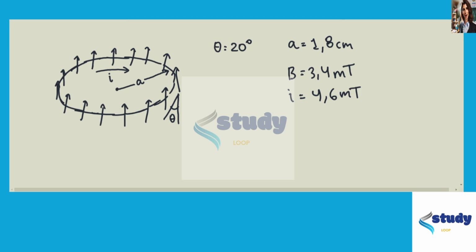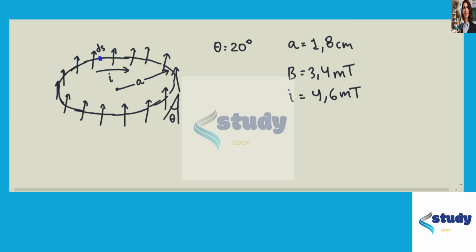So with that in mind, we can start by considering an infinitesimal segment of the loop. I'm going to put that segment in here, just a tiny segment that we are going to call ds. And the magnetic field is perpendicular to that segment, as you can see from the figure.